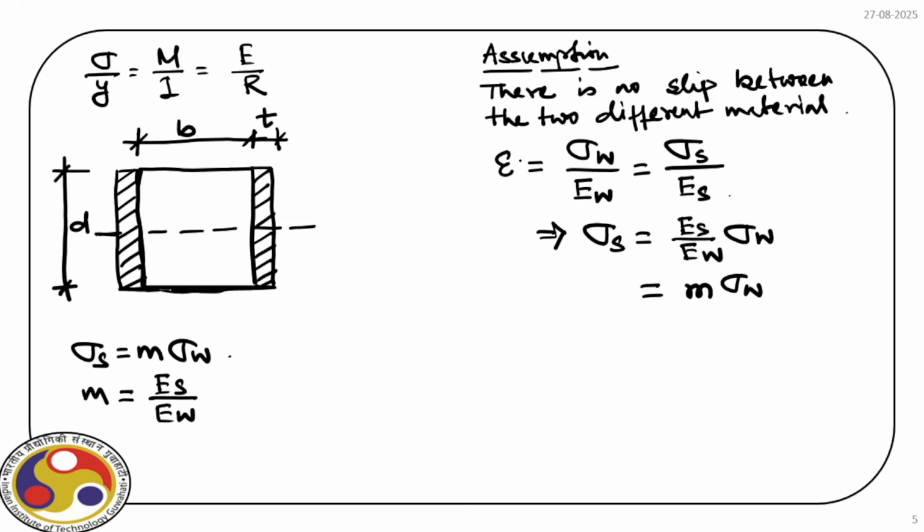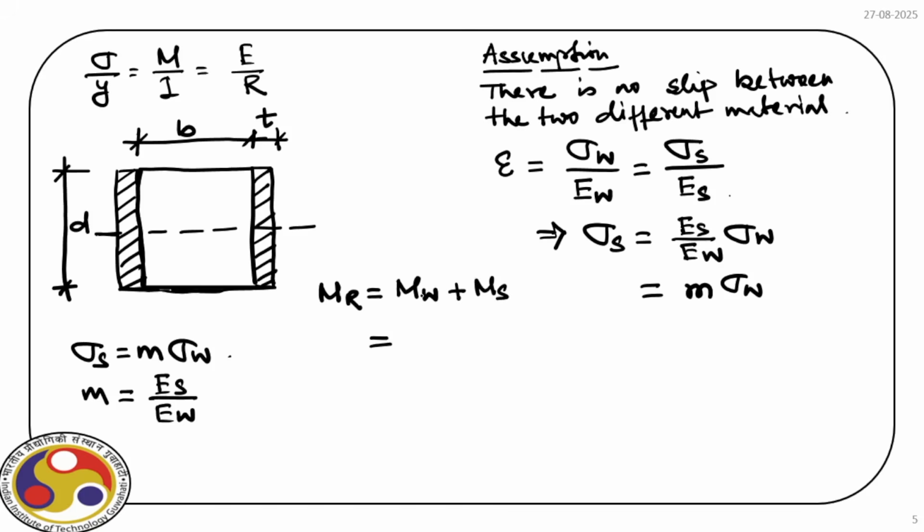Now, the moment of resistance for this section, MR, is the moment of resistance offered by the wood, that is MW, plus the moment of resistance offered by steel.